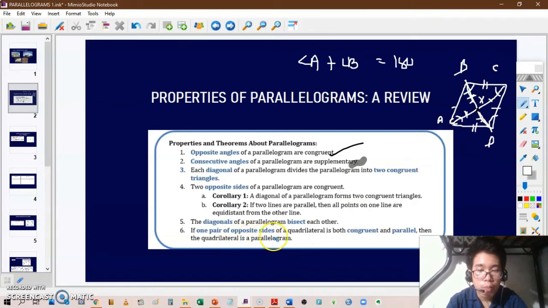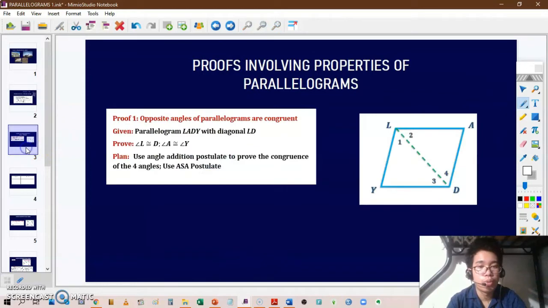And if one pair of opposite sides of a quadrilateral is both congruent and parallel, then the quadrilateral is a parallelogram. We're going to deal with a lot of theorems here in our proofs.